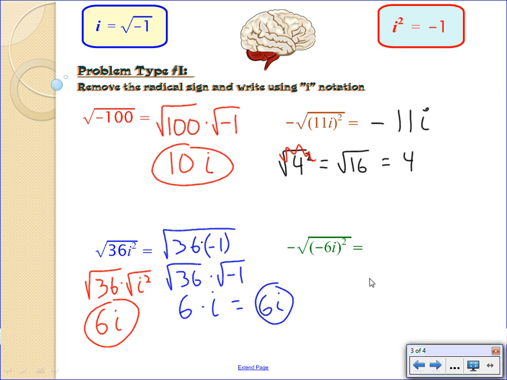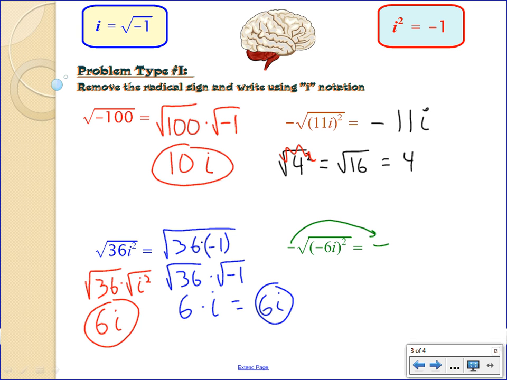Okay? Now the last one down here, this one's very similar to the 11i one we have above. I have inside the square root negative 6i, it's being squared and square rooted. Those two again are going to undo each other. If I have negative 6i, I square it and square root it, all I end up with is negative 6i. And this negative in front stays in front. So this is going to be negative in front, that just came right over.